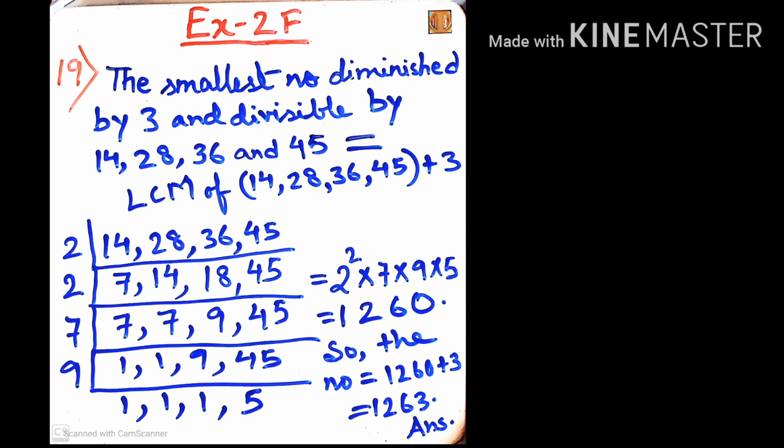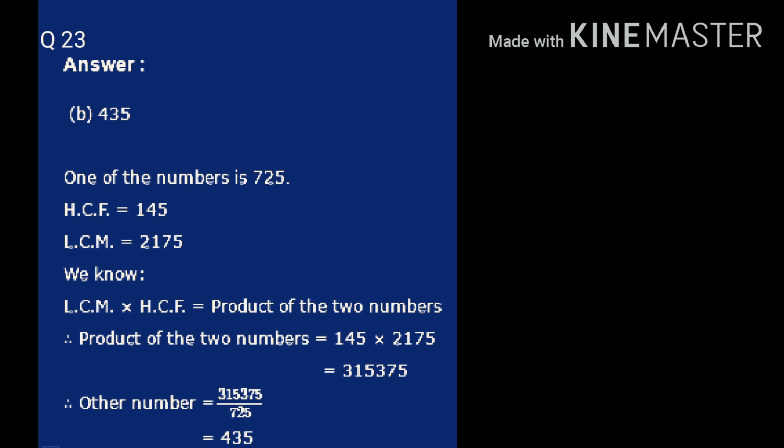So LCM of 14, 28, 36 and 45. What we get? We get 1260. So what is our number? Our number will be LCM plus 3. Why? Because it was diminished by 3. So we are adding that. And the answer is 1263.